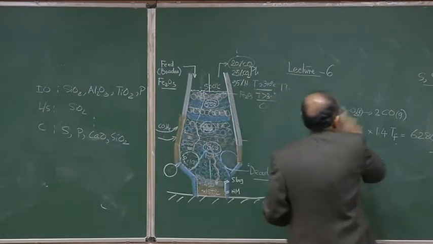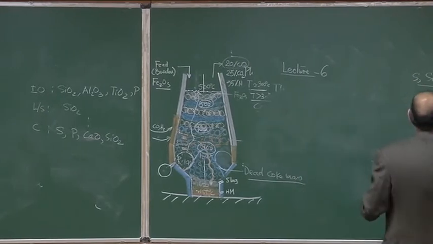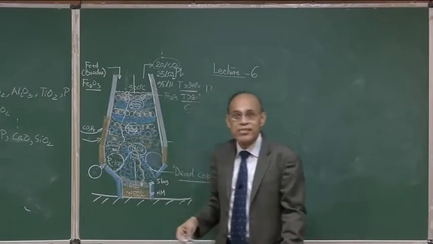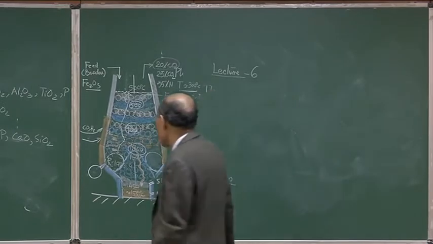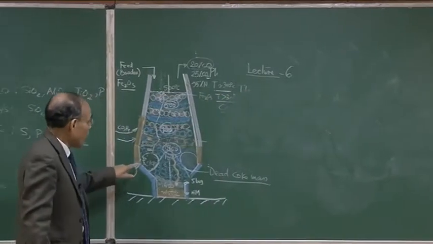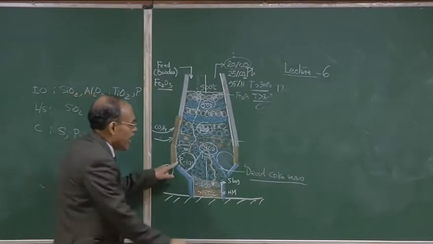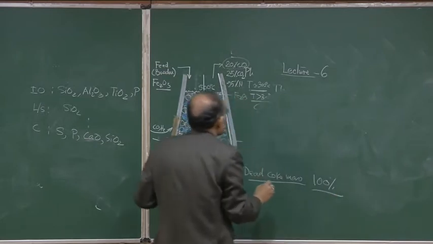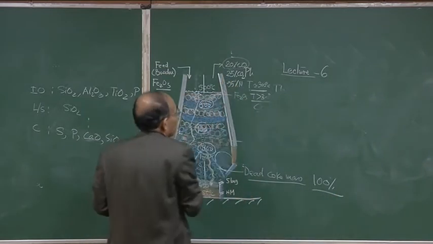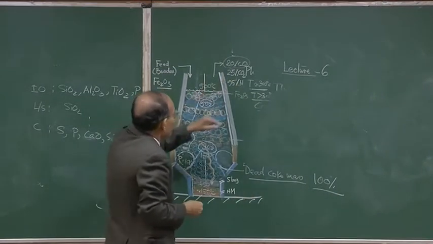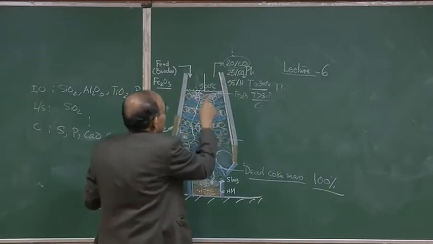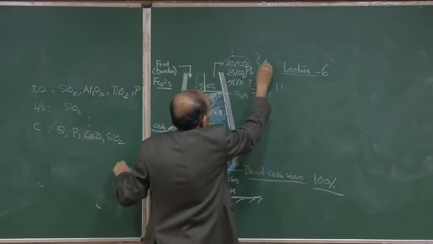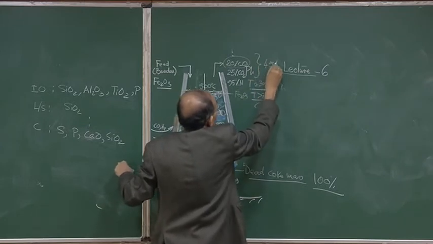Having said that, there is an intense carbon monoxide atmosphere in the furnace, and we will draw the carbon monoxide profile. You can imagine going from 100% carbon monoxide at this particular level, and if you forget about the nitrogen, in the carbonaceous mixture we have about 45% CO2.